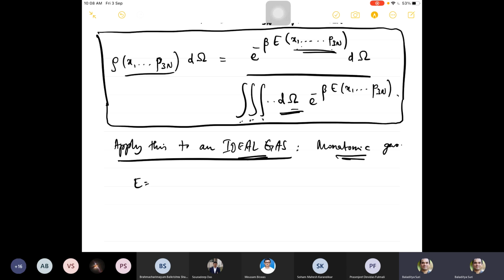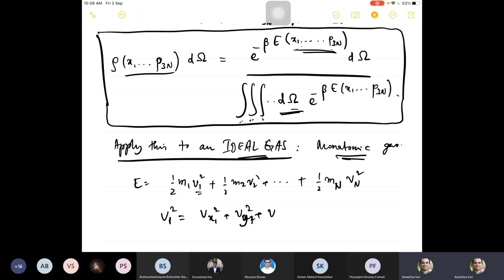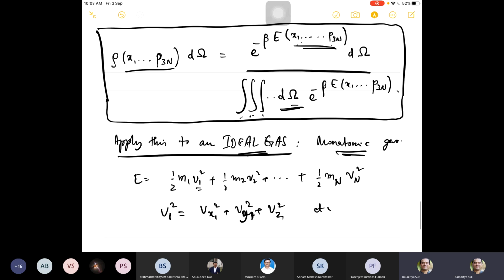What is the energy function of an ideal gas? Half m1 v1 squared plus half m2 v2 squared plus so on plus half mn vn squared. Now, in general, v1 squared is the velocity of one particle. So that can be vx1 squared plus vy1 squared plus vz1 squared, etc. So the ith particle will have three coordinates like that.